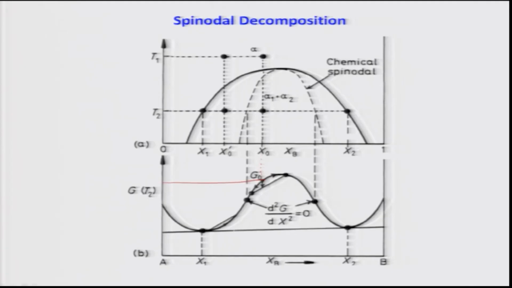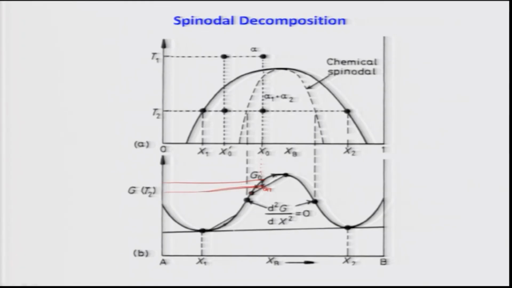Now if it decomposes into two phases, suppose one having the composition given by this point and the other this point, and we have shown a line joining these two, then the free energy of that solution, G0, can be reduced to G1, which you can see here, by decomposing into two solutions, this one and this one.